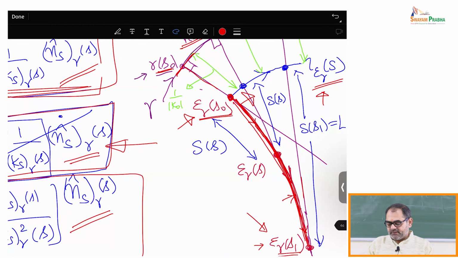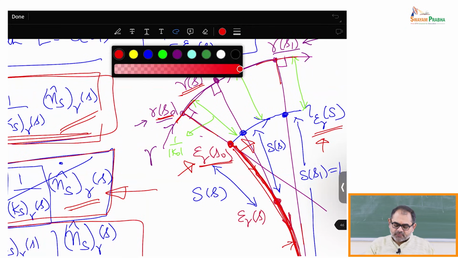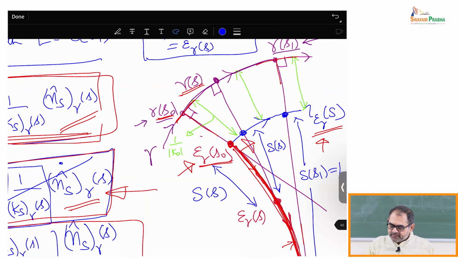Of course the way to write it is very, very easy. If you want to write an expression for a portion of the string that has been pulled out like this, then after I pull it out, I will get this portion of the involute, and corresponding to this point, which is given by small s, I will get this point on the involute.